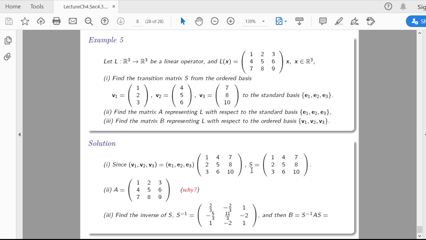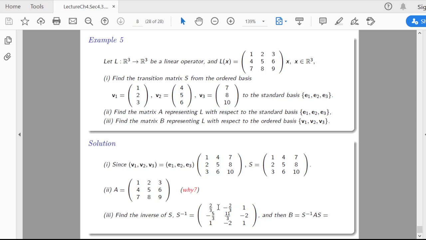Then from here we can find the inverse of S. Earlier we said S is non-singular, and then we can use elementary row operation to find its inverse.